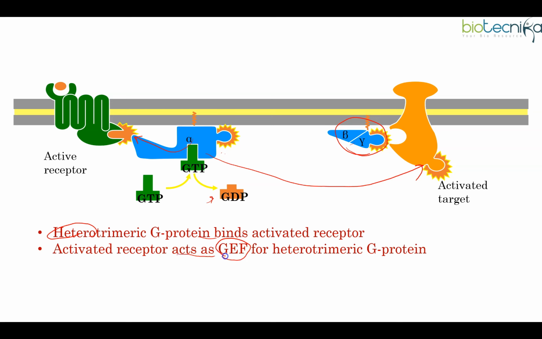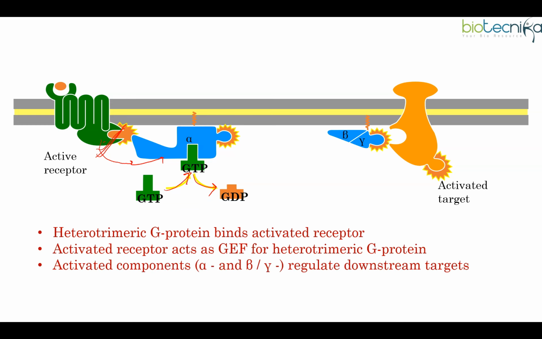The activated receptor acts as a GEF. So what is GEF? Guanine nucleotide exchange factor. Because it is removing the GDP and introducing a GTP. So whenever this receptor is activated, this is the reason why GDP is removed and a GTP is introduced. Because when the receptor binds ligands, it will be activated and it can act as a GEF.